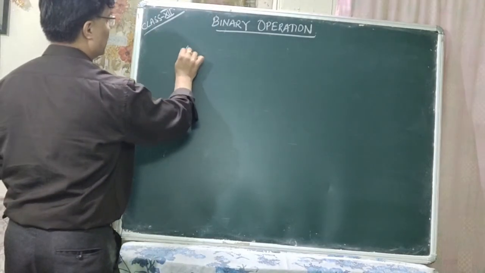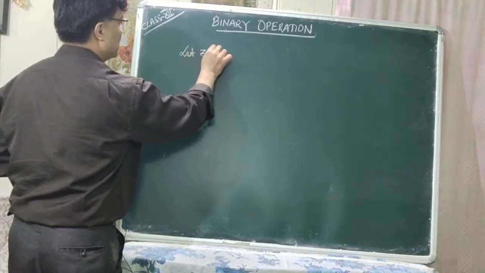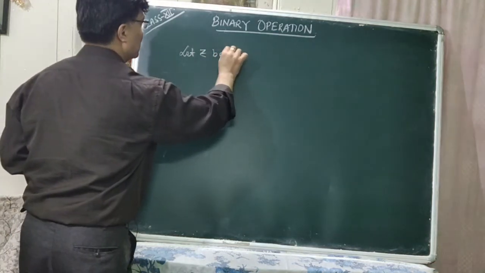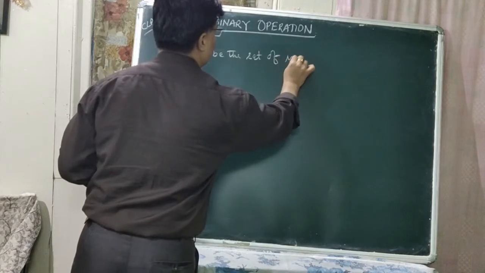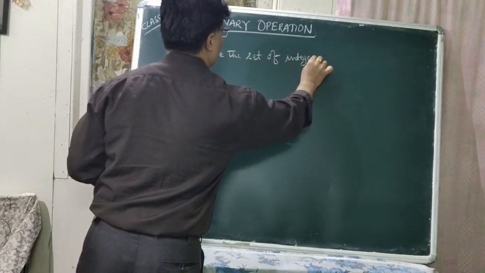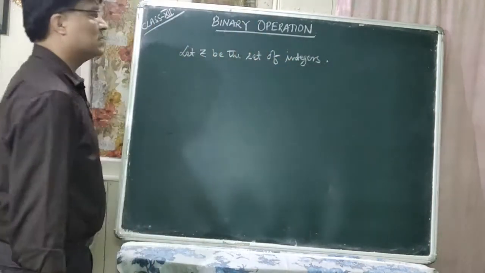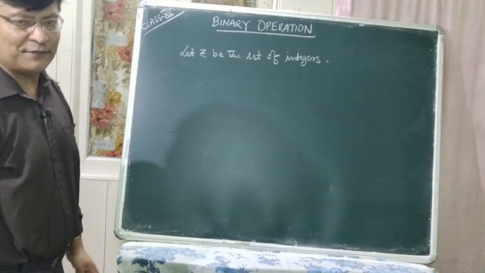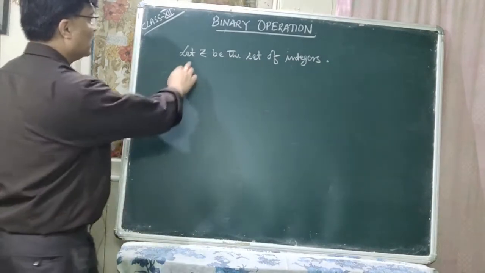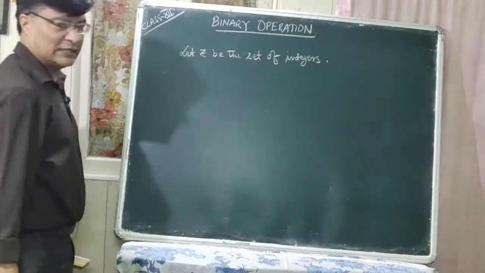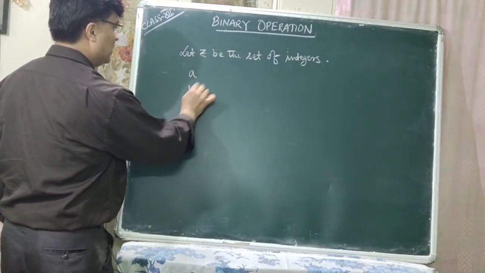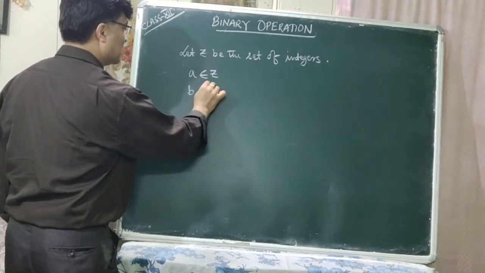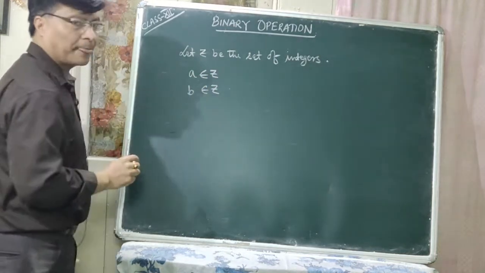Let Z be the set of integers. So let us take two elements A and B that belong to the set of integers.